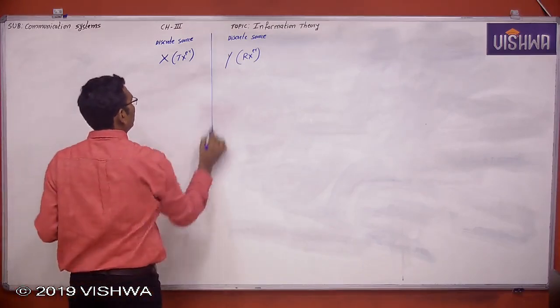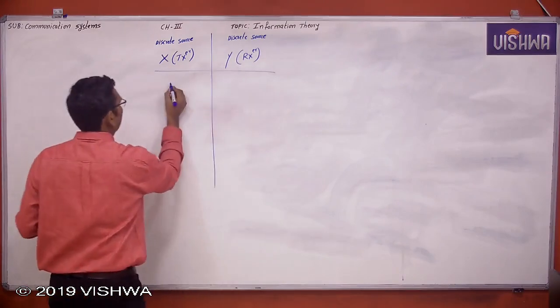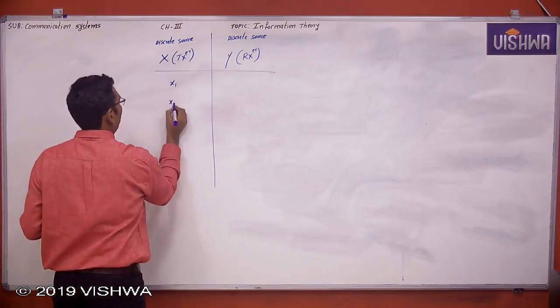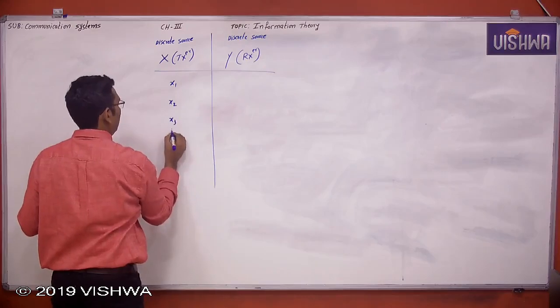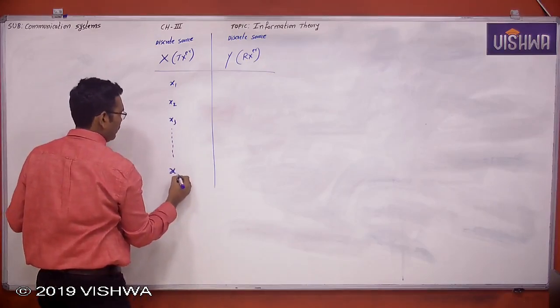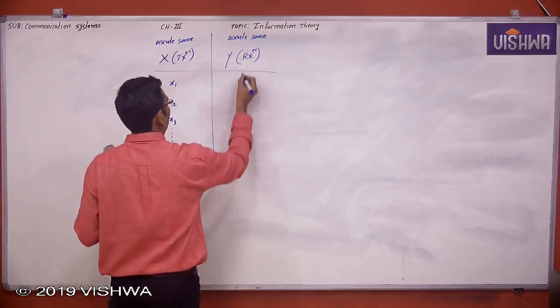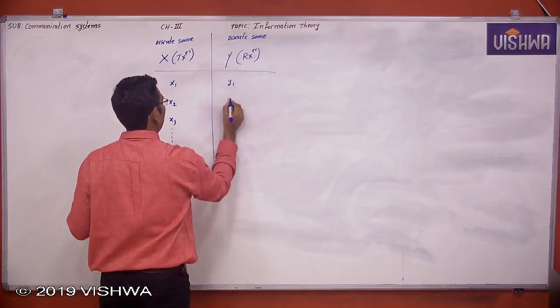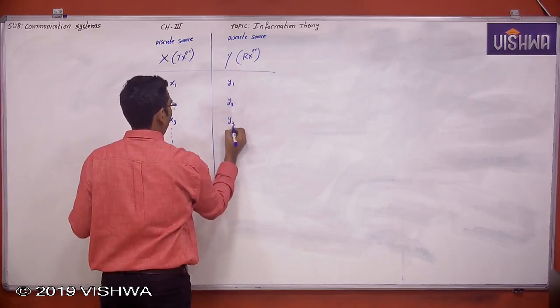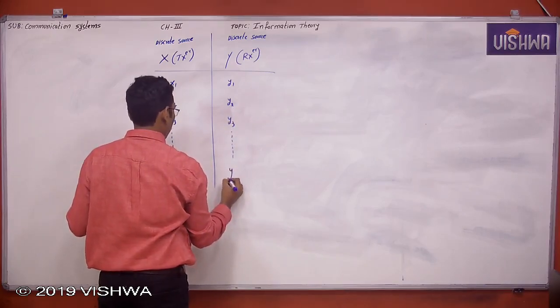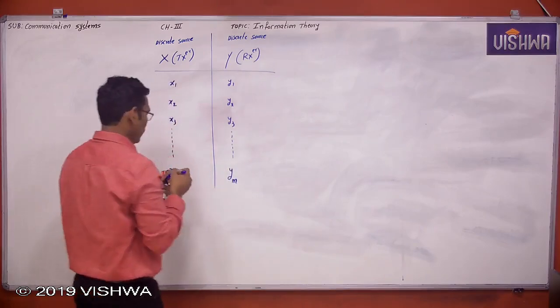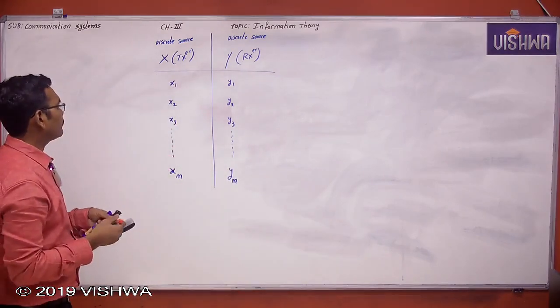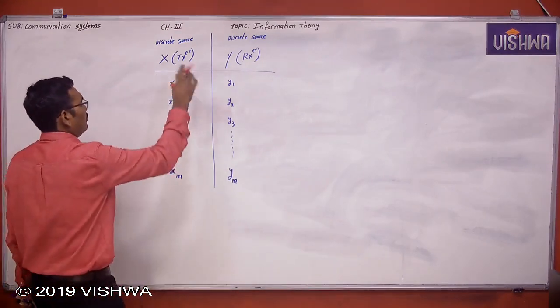Now this transmitter is transmitting X1, X2, X3 and so on up to XM symbols, and the receiver is receiving Y1, Y2, Y3 and so on up to Ym.